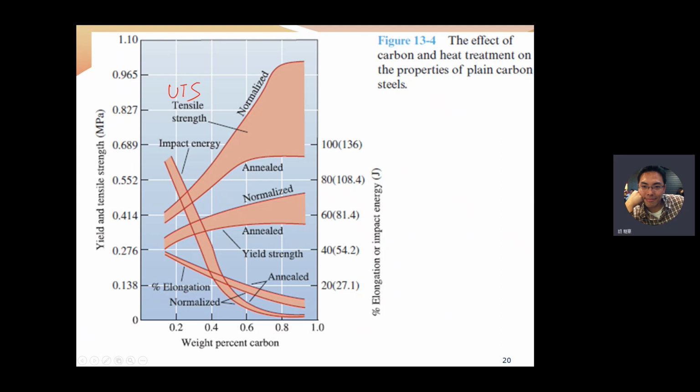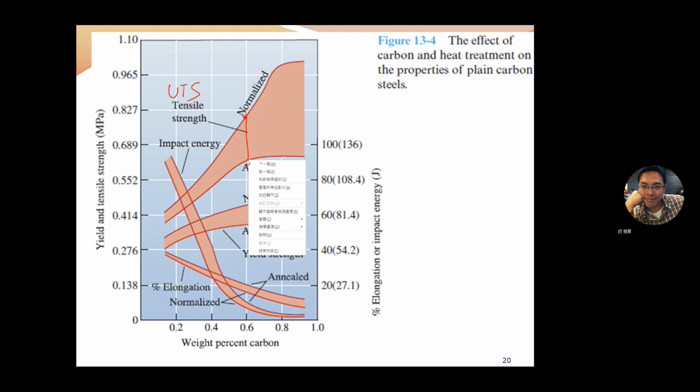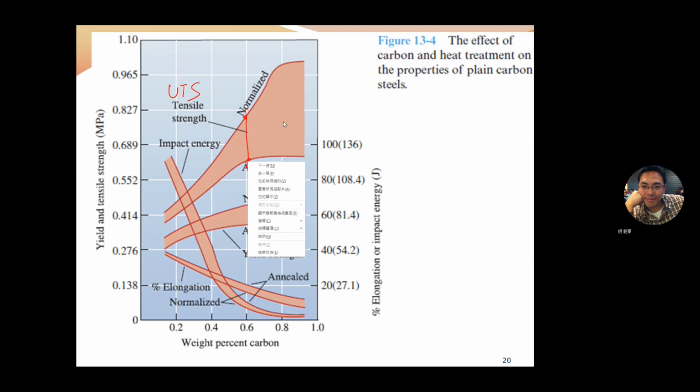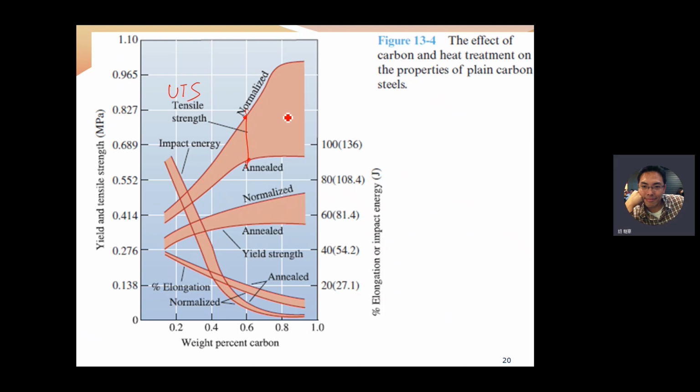For example, with a carbon content of about 0.6 weight%, we can control its UTS within this range by normalizing or annealing.